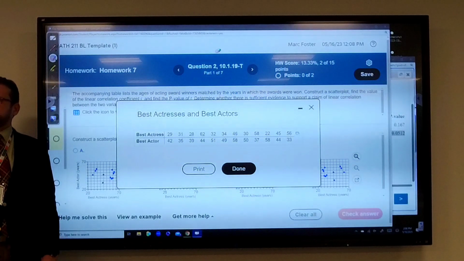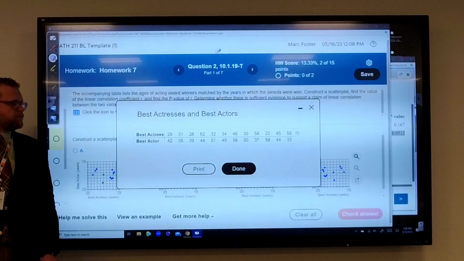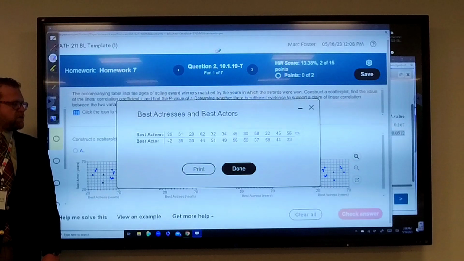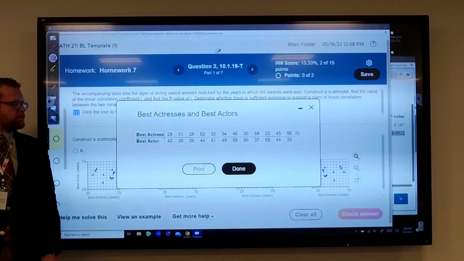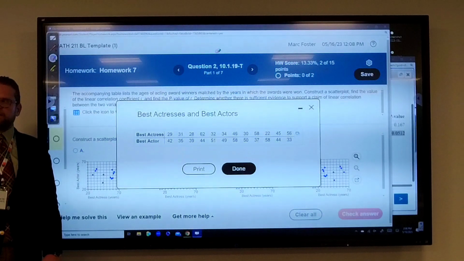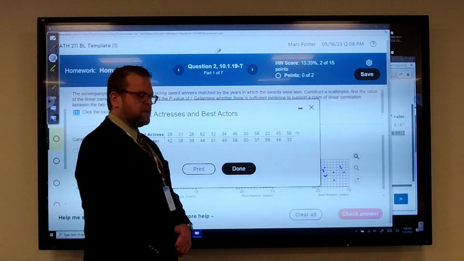I mean, it can certainly happen. But there's really no reason that I can think of to say that their ages should somehow correlate. Most definitely they're not necessarily in the same movie.